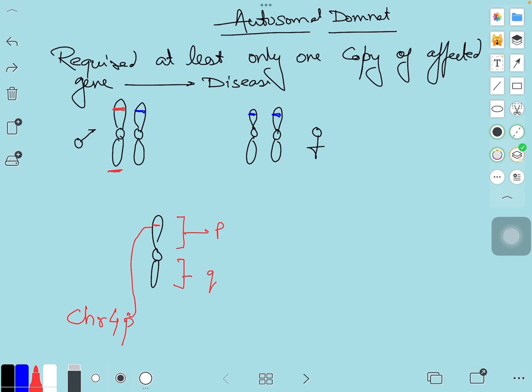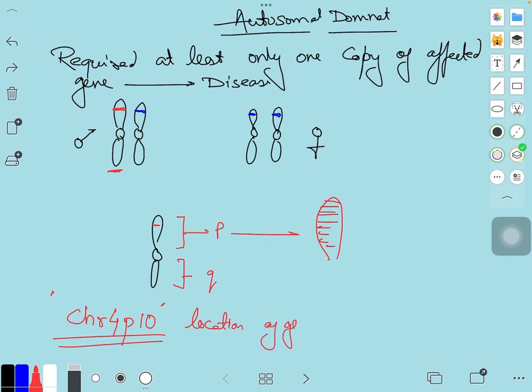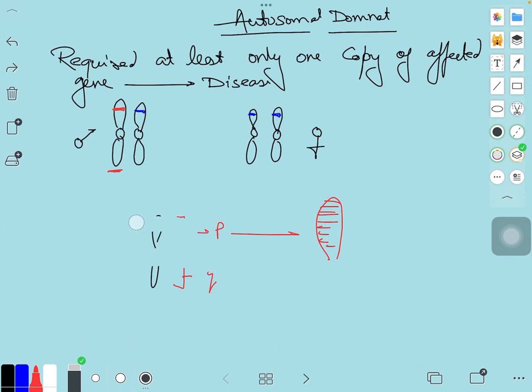In this part, it will have multiple more segments, 1, 2, 3, 4, 5, 6, and so on. Let's say it is on the 10th position. This is how we write the actual location of the gene which is affected. Now we are clear with how to write the location of a gene on a chromosome.